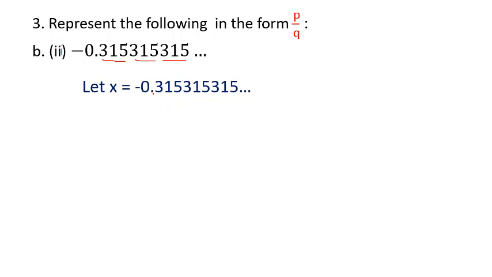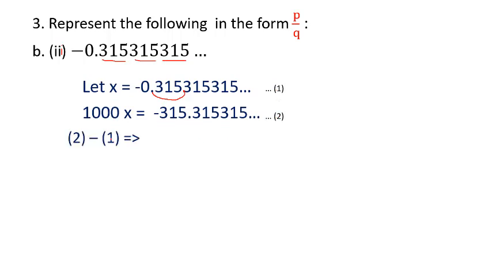Tell me. Yes, definitely, you have to take this part out, 315. So you'll multiply by 1000. Hence take equation 1, equation 2. Now subtract 1 from 2. 1000x minus x is 999x. Negative 315 minus 0 is minus 315.